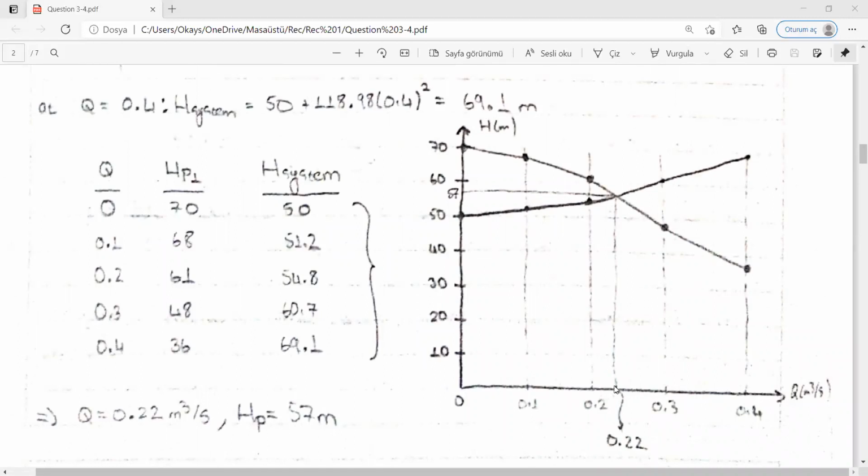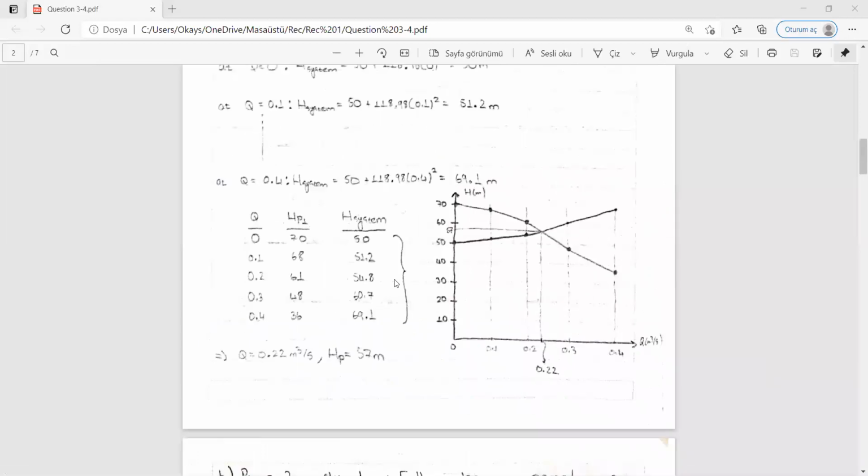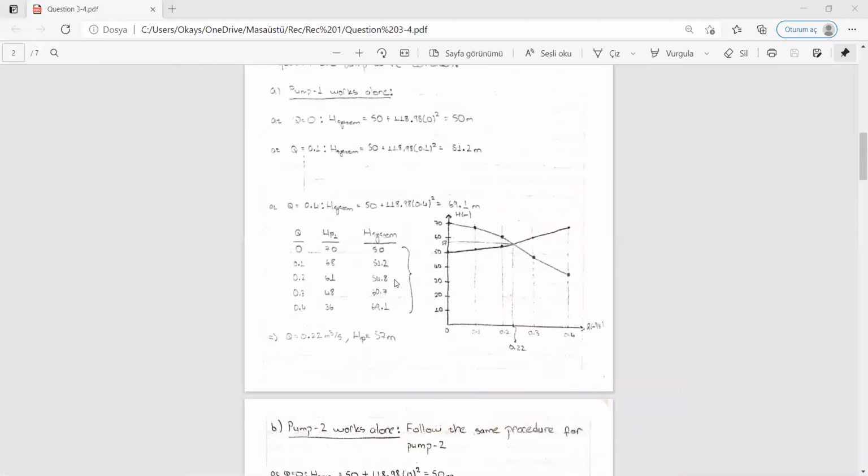Of course, I decided these points by myself, by eye. Since it is a bit close to the left side, I thought this one is 0.22 meter cube per second as a discharge. And as a head, since it is a bit close to 60, I said let's make it 57 meters. This is for the first pump.